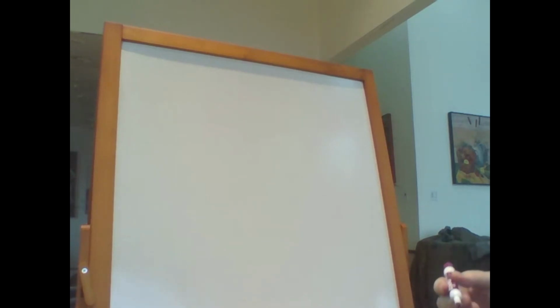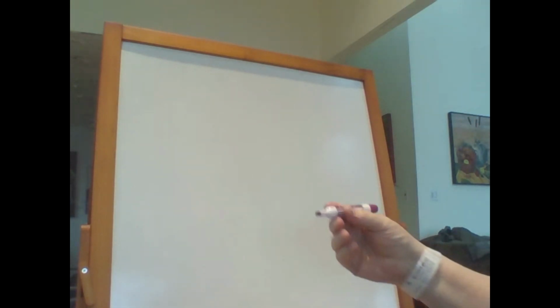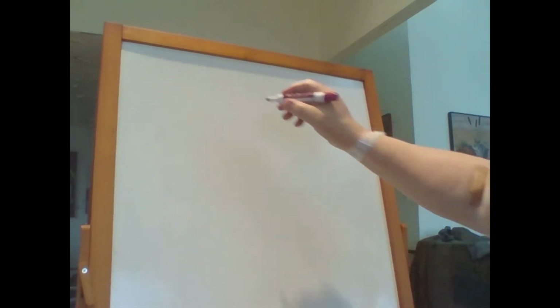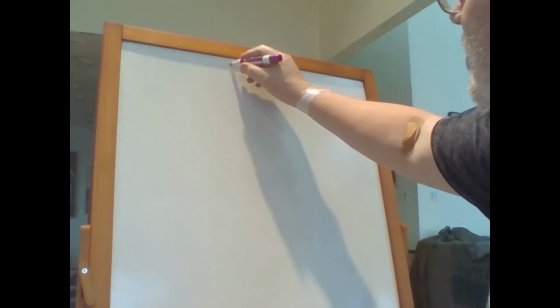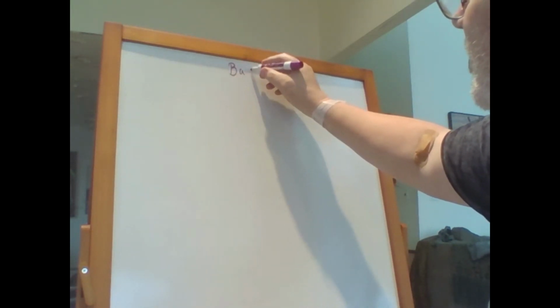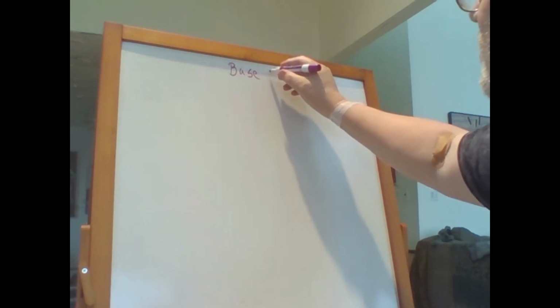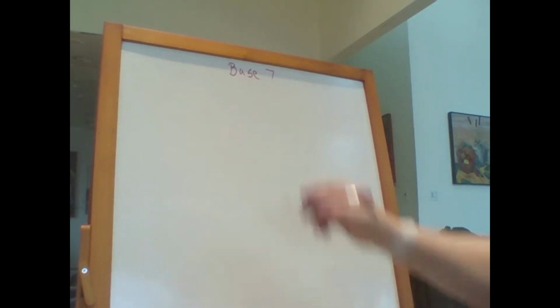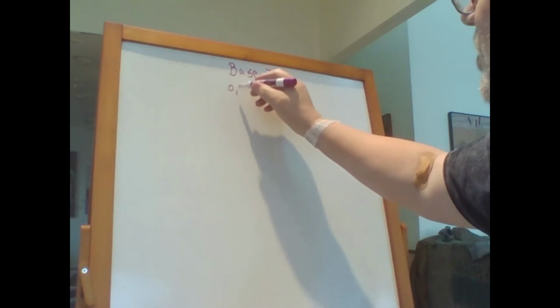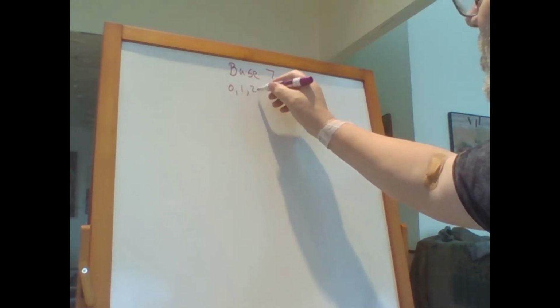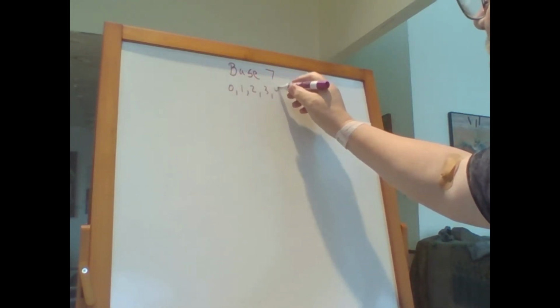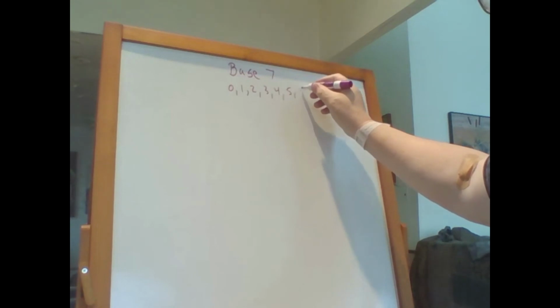So let's look at another example. Let's say we are in base 7. That allows us to write placeholders 1, 2, 3, 4, 5, and 6.